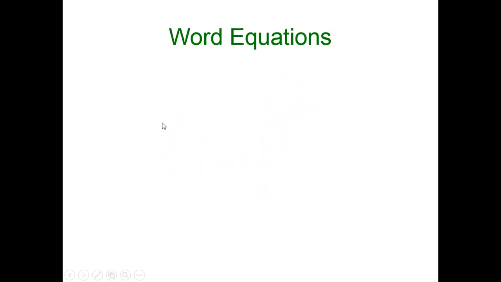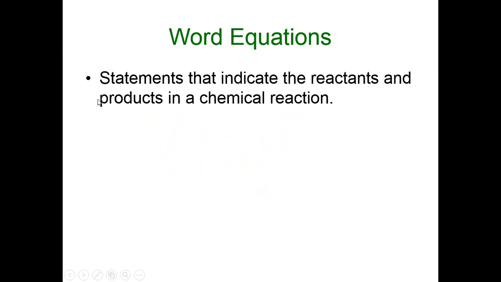Now, let's show the details of a chemical reaction. The first detail is the word equations. Word means the name of substance. Word equation, what is the meaning of that? Statements that indicate the reactants and the products in a chemical reaction.